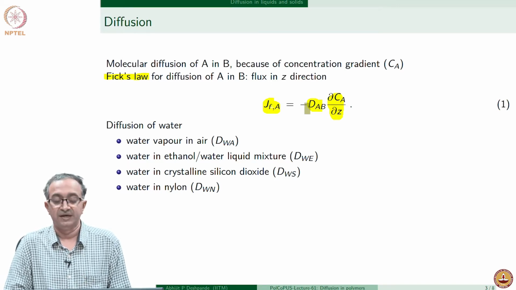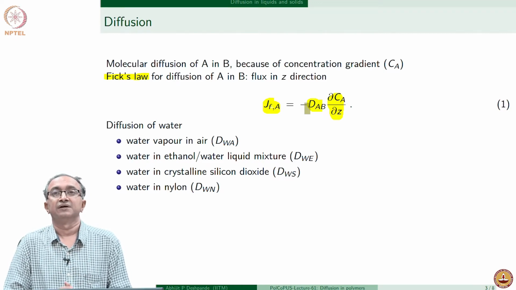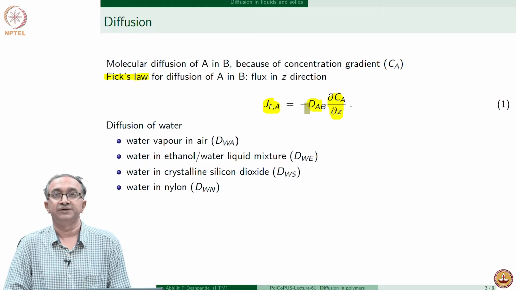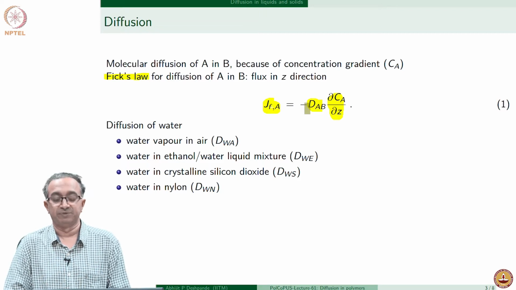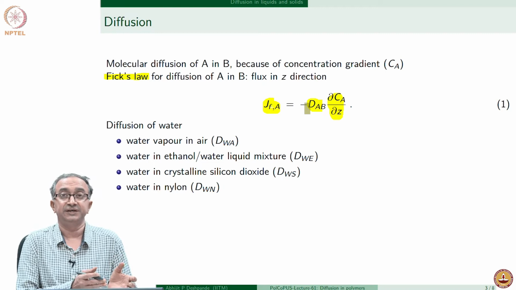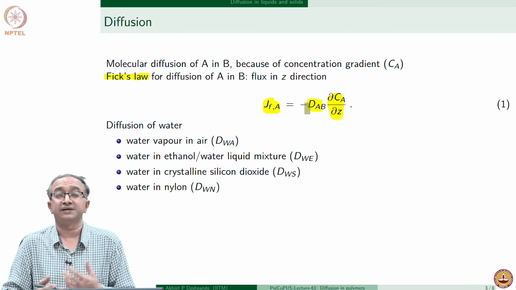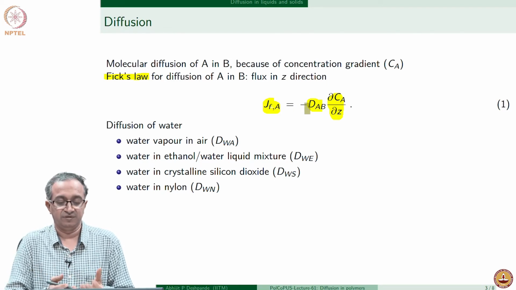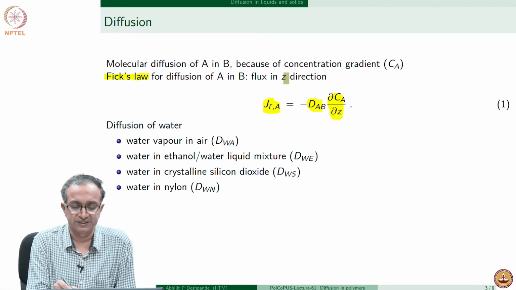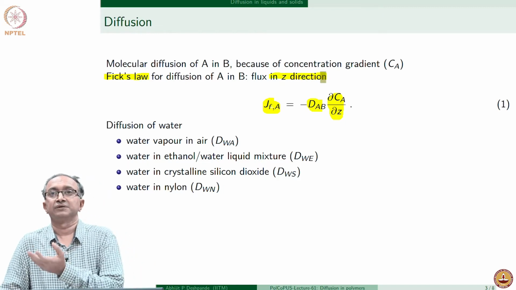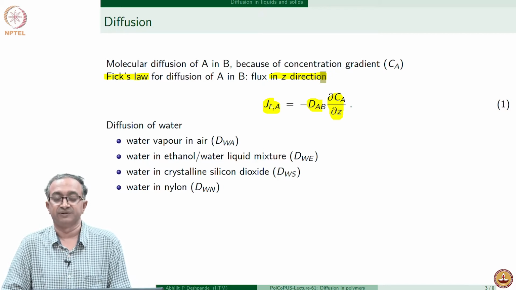or diffusivity. Since we are talking about a multi-component mixture, diffusivity refers to the component which is diffusing as well as the surrounding components which are its neighbors. So, D_AB is the diffusivity of A, or diffusion coefficient of A in B. And like the heat flux vector, the mass flux of A, J_A, is also a vector, but we are looking at a simplistic picture in which there is a concentration gradient only in one direction, and therefore, the flux of A is also in one direction.